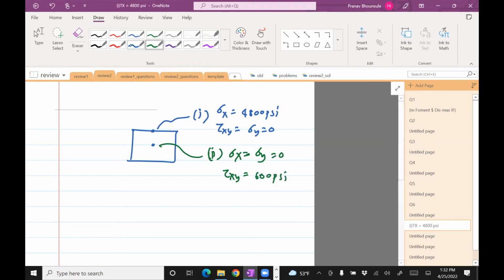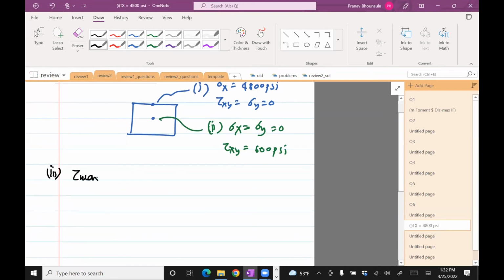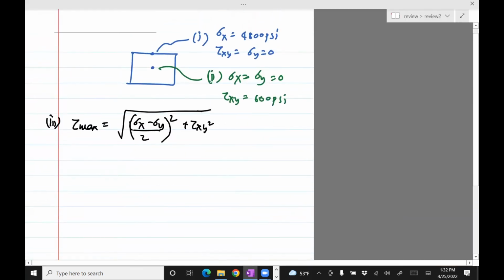So in order to solve for the third part, we use this formula which I wrote down earlier, and then evaluate both points.